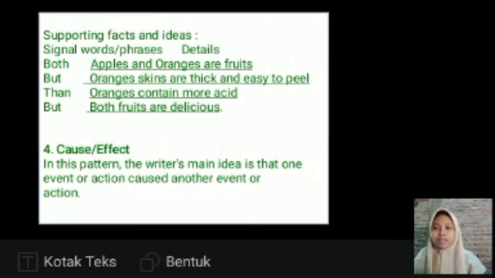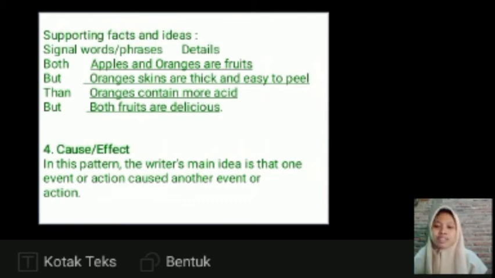Cause and effect. In this pattern, the writer's main idea is that one event or action causes another event or action. More clearly, cause and effect is a common way to organize information in a text.